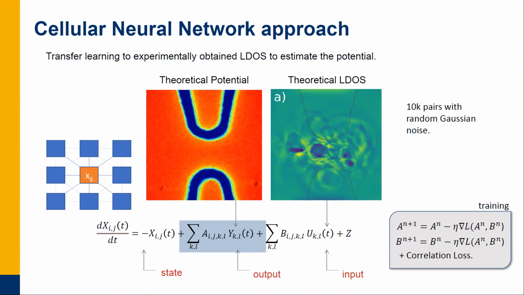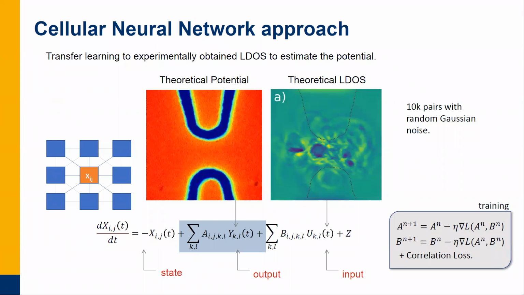That's very important, because if I have quantum chaos, I want to know what potential I have. What does this disordered material look like? And that's exactly what we did. Using Green's functions and cellular neural networks, we trained this network with tens of thousands of theoretical images, and then tried to guess what the potential is.